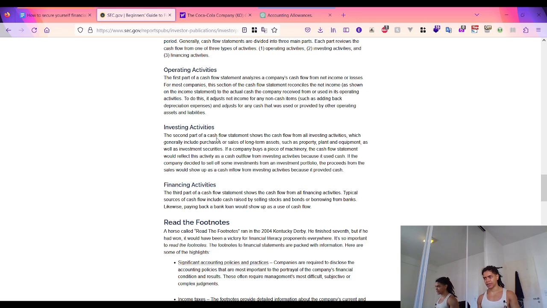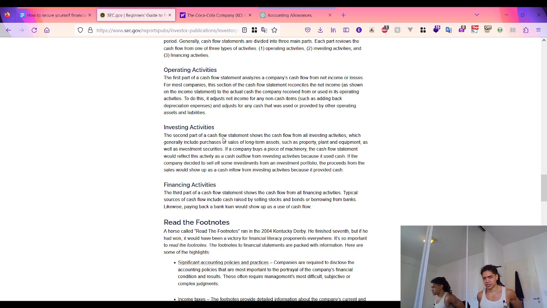The second part of the cash flow statement shows the cash flow from all of its investing activities, which generally include purchase or sale of long-term assets such as property, plant, and equipment, as well as investment securities.